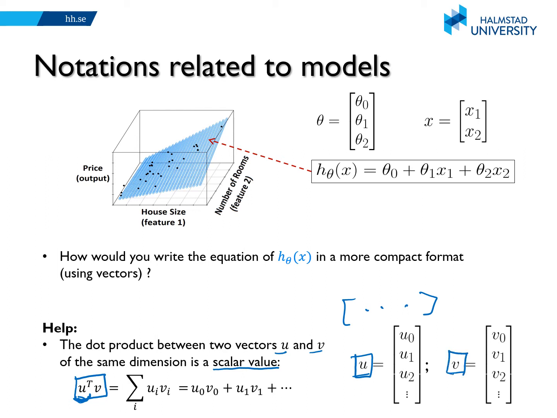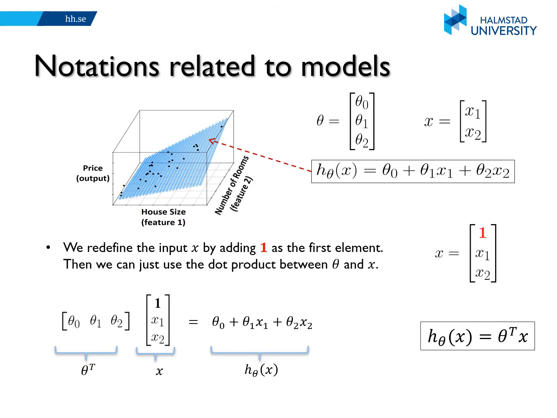So it's basically u0 times v0 plus u1 times v1 plus u2 times v2, and so on. So how can you use something like this, a dot product, to answer this question? Please notice that you have something similar here and here. So please pause the video and think about it.